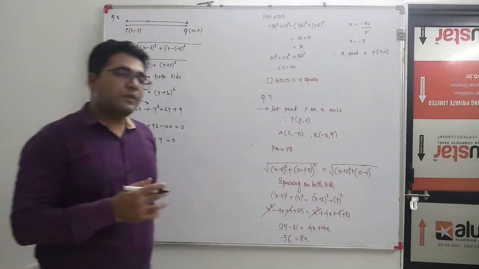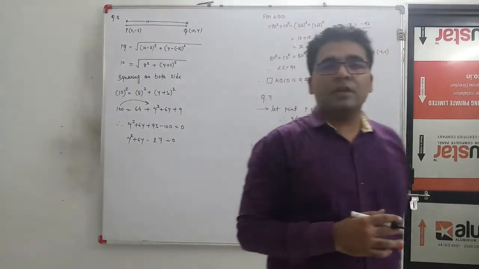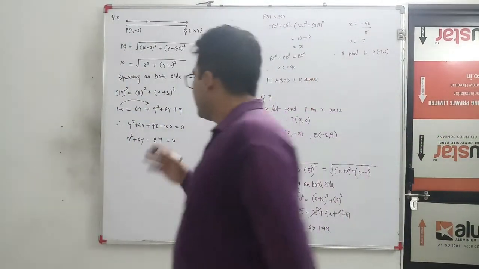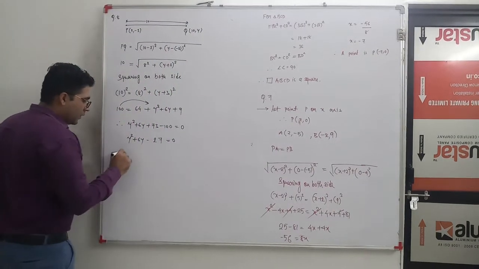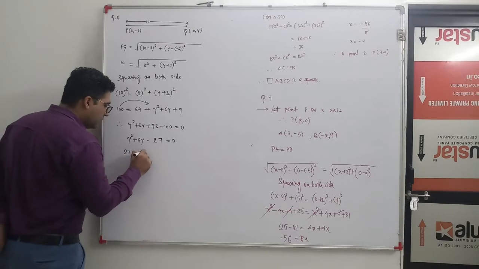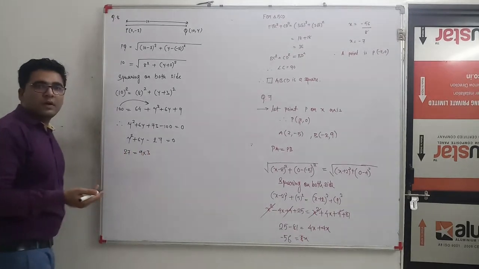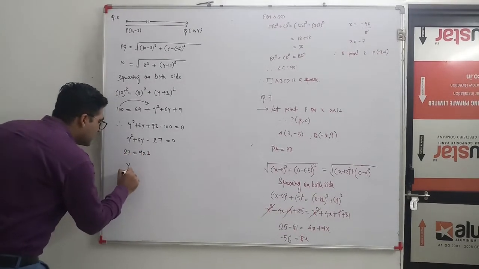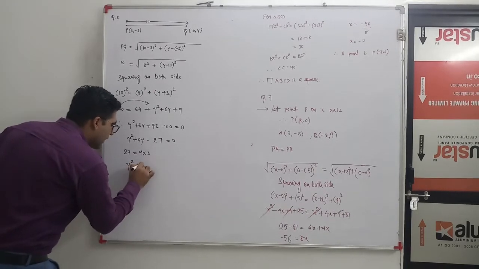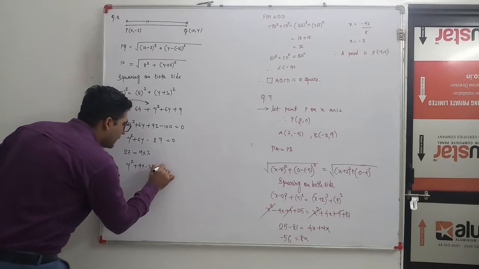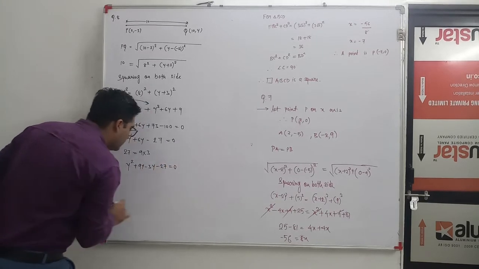Now here I am using the quadratic equation concept. So find the factors of 27 such that the subtraction is 6. So 27 is equal to 9 into 3. 9 minus 3 is equal to 6. So here I am writing y square plus 6y, plus 9y minus 3y minus 27 is equal to 0.